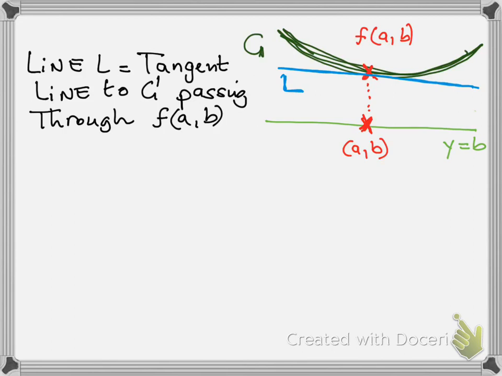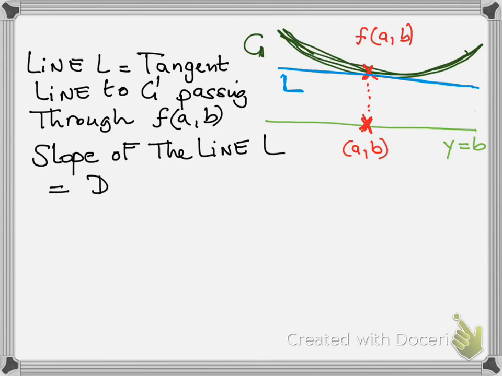So the slope of the line L will be equal to the derivative, or partial derivative, of f of x, y with respect to x.